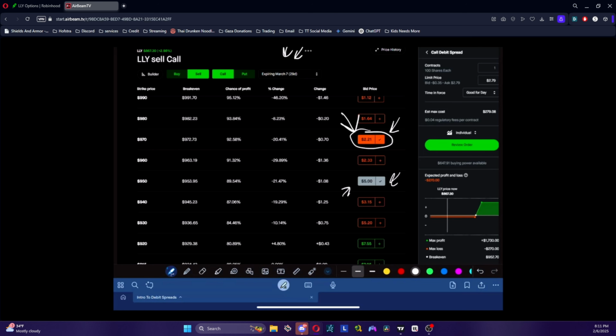So let's say Eli Lilly goes from 870 to 846, this contract might go from $2.21 to, let's say, $1.20, to make the math easier.